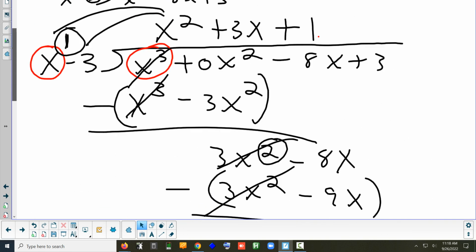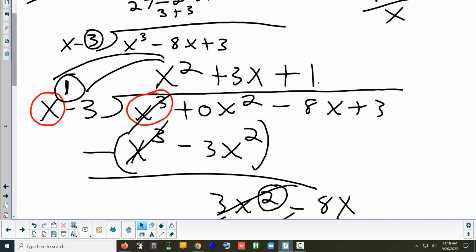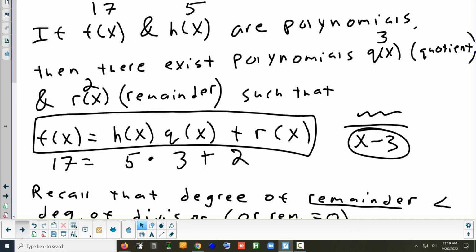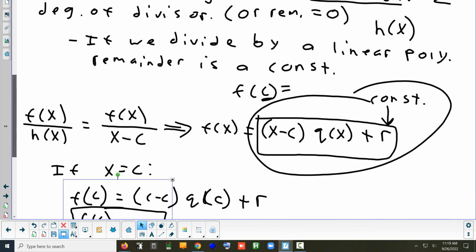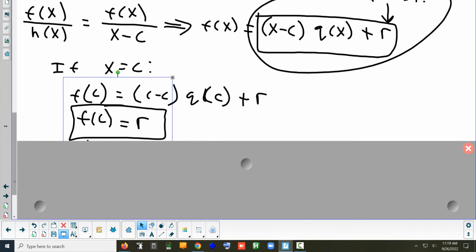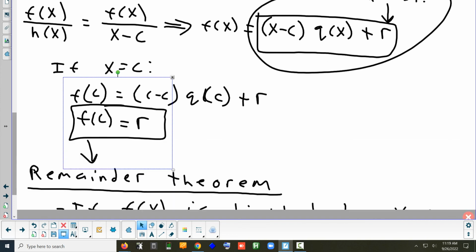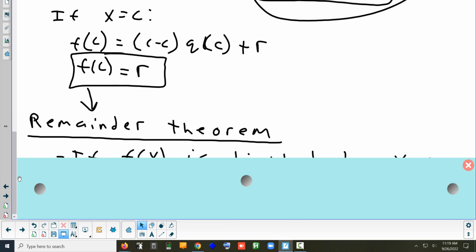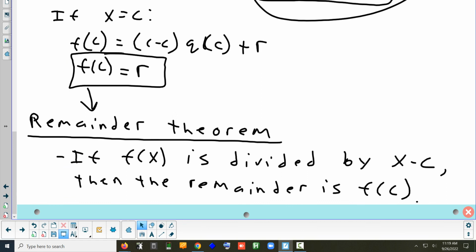So, plugging the number after the minus sign into the original problem gives you a quick way to find out the remainder. What good is that? A lot of times, all we want to know is the remainder and whether the remainder was 0. So now we have a quick way to find the remainder to a problem without having to do the entire problem out. And that's called the remainder theorem. The downside is it only works if you want to divide by something linear.